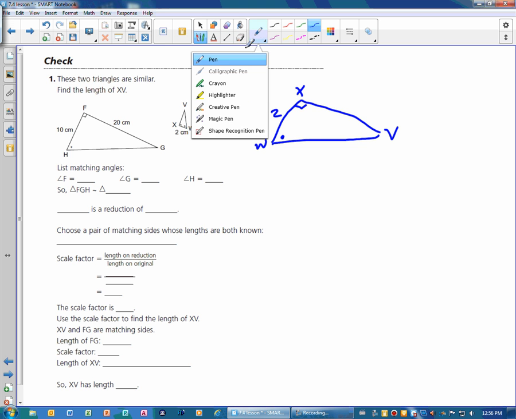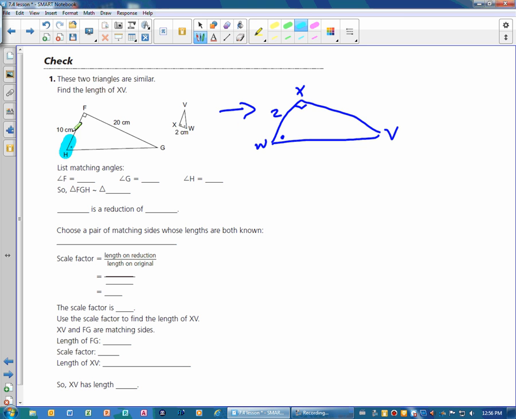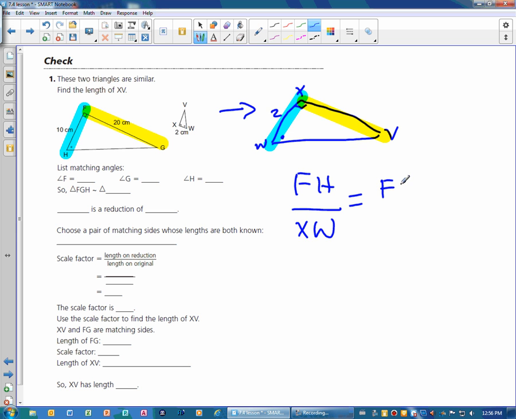So let's match up our sides. This is the same as that. This is the same as that. So my ratio would look like FH to XW, same as FG to XV.